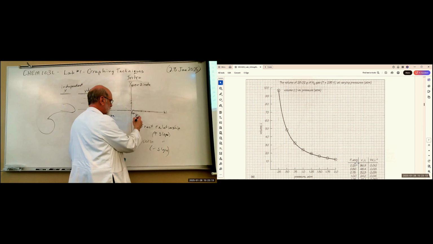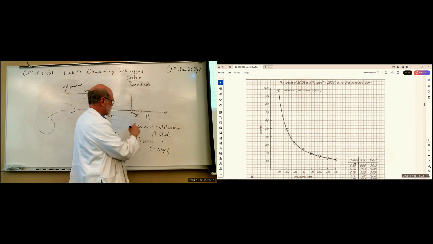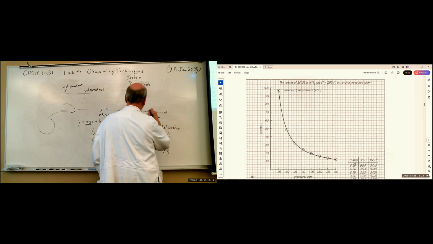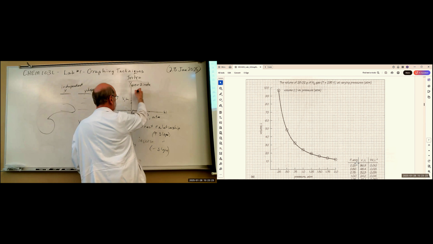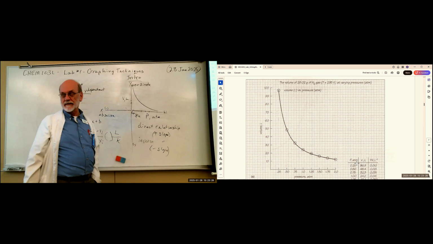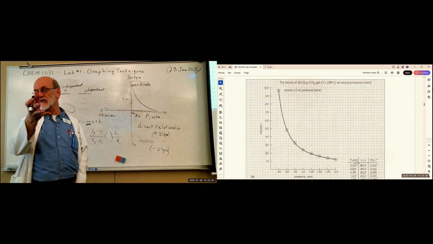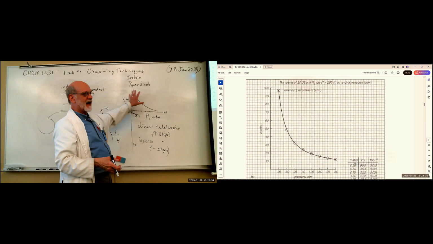In this case, when we have the pressure in atmospheres, and the volume is probably in liters, the response is not going to be a straight line. It's going to be a curve. All right, and this is a special kind of curve. This is the hyperbola. This is one part of the hyperbola.